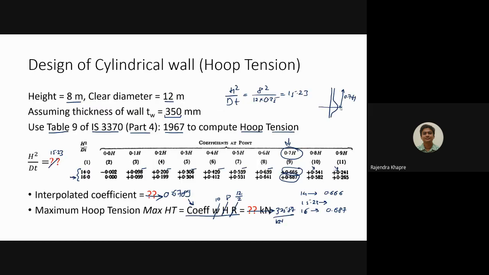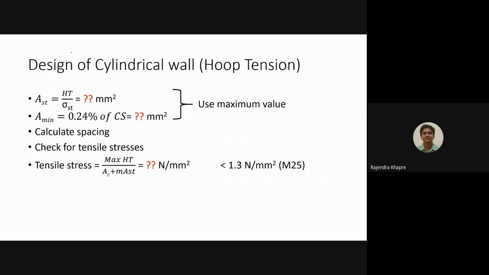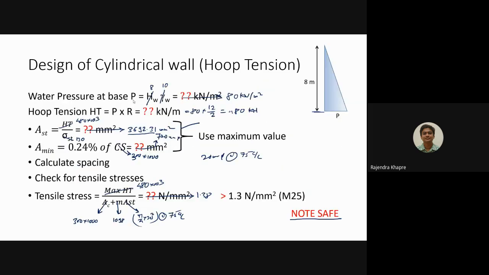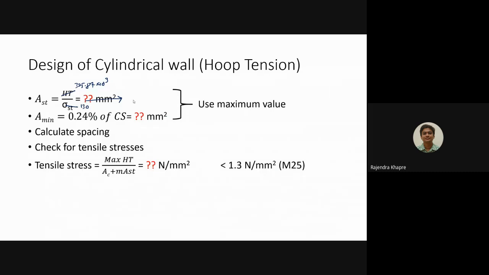So maximum hoop tension was 325.87, so this value is 325.87 into 10 to the power 3. Sigma st is now 130. How much is the AST which is required over here? Yes, 2506.7 millimeter square.